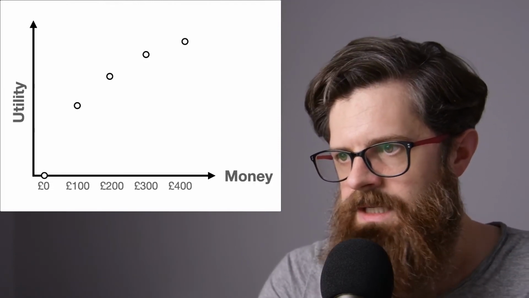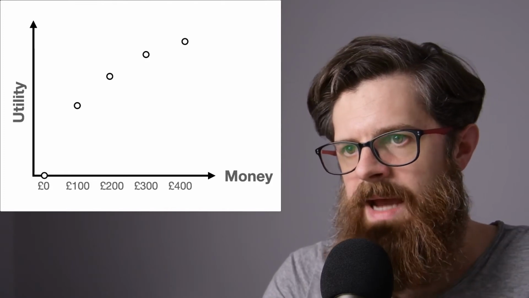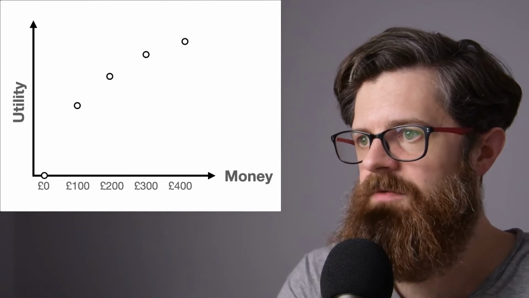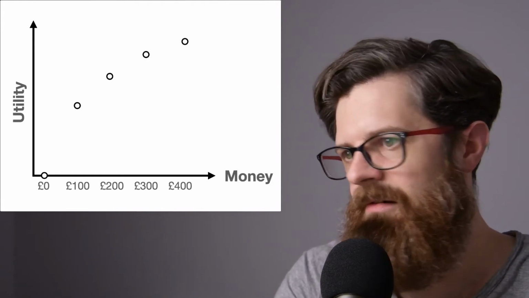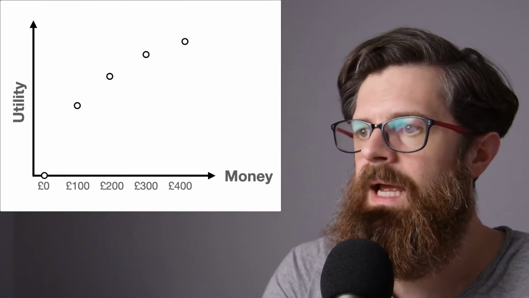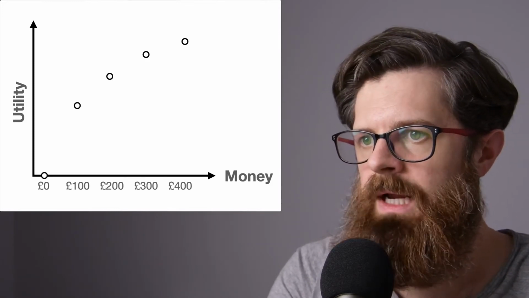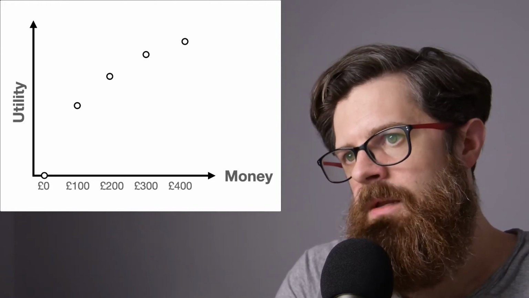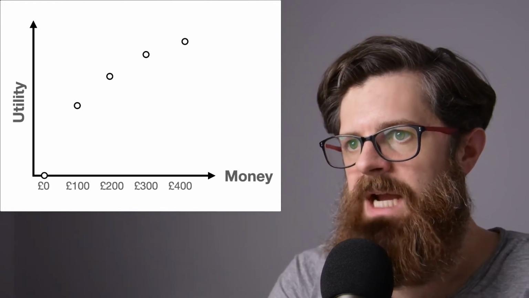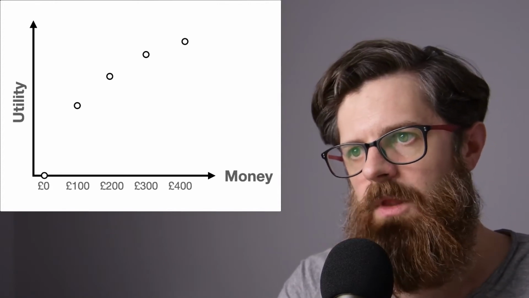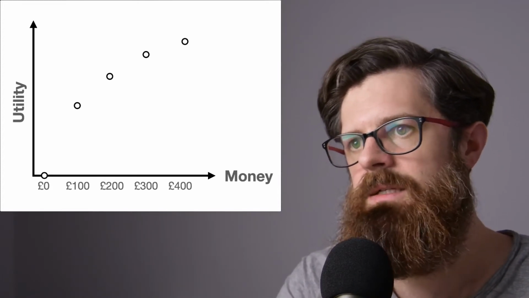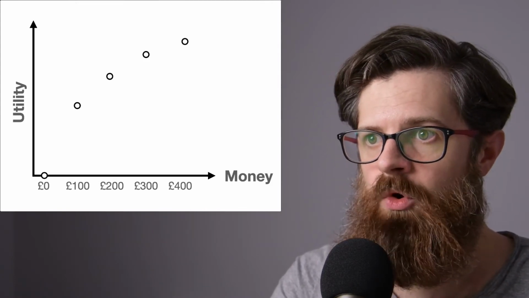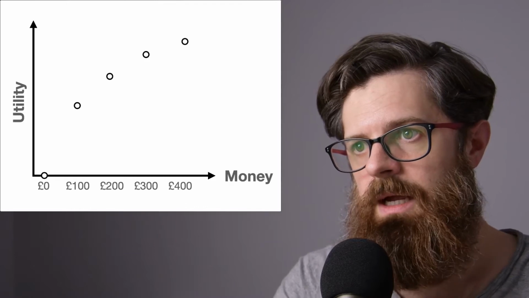So along the x-axis here, you could have your objective value, your objective amount of money that you have, that you could be given. We're just going to be considering a couple of examples here. On the y-axis, we have our subjective utility, and I have purposefully not given it units. Sometimes people call this utils.